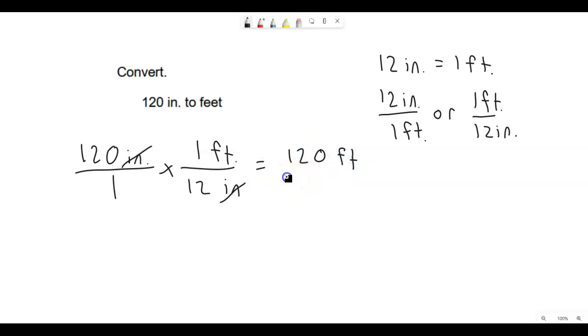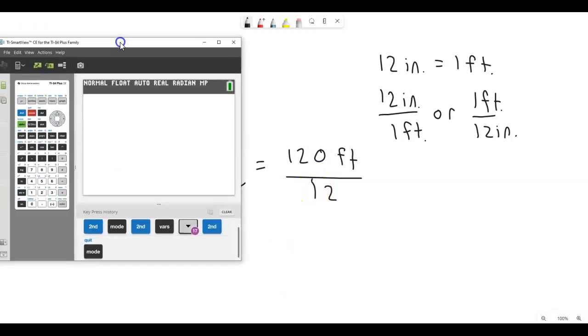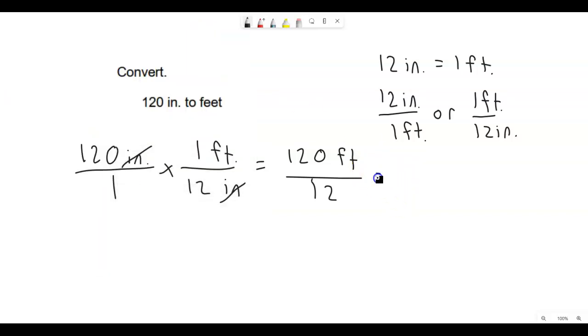And on the bottom, you multiply the bottoms, so 1 times 12 is 12. And then I'm going to be able to reduce this. If I go to my calculator, you can probably do this one in your head, but it's okay, practice. So 120 divided by 12 is equal to 10. So that's my final answer. My final answer is going to be 10 feet.